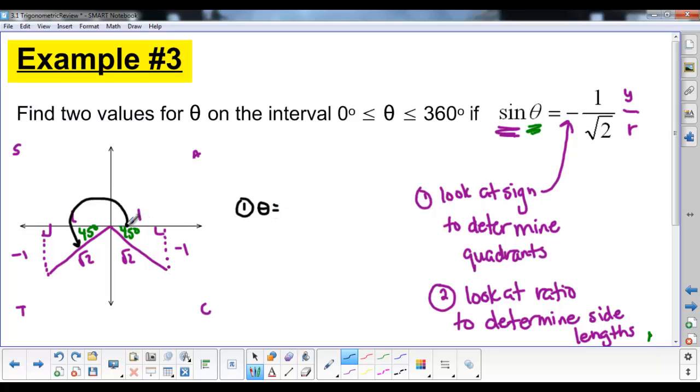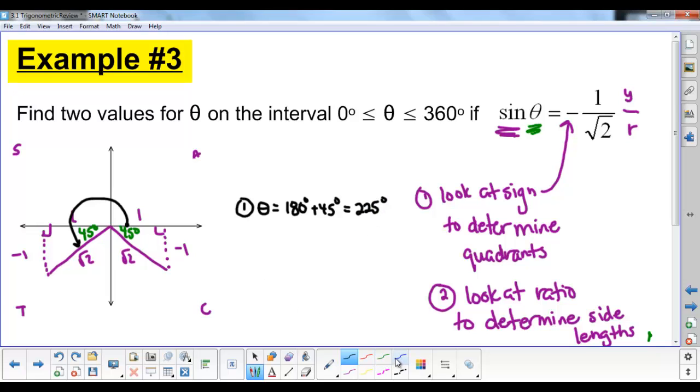Now, I know that from the x-axis to the other side of the x-axis is 180 degrees, but we went 45 degrees further than that. So to determine the first theta, I'm going to do 180 plus 45, and that will give me 225 degrees.